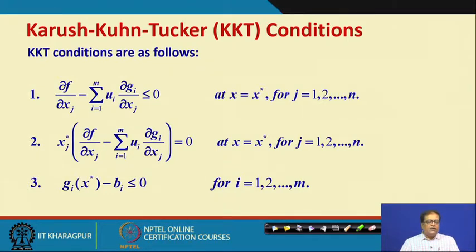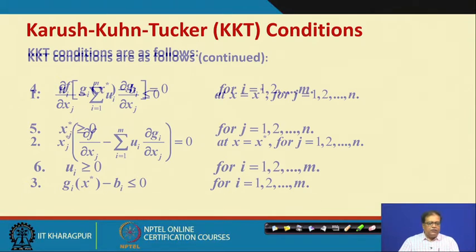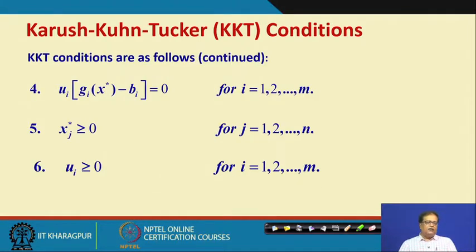The second condition is that the LHS of the first part should be either 0 or the corresponding decision variable should be 0. The third condition is the original constraint itself written in another form. The fourth condition is that either the constraint becomes an equality, or the corresponding Lagrange multiplier becomes 0.